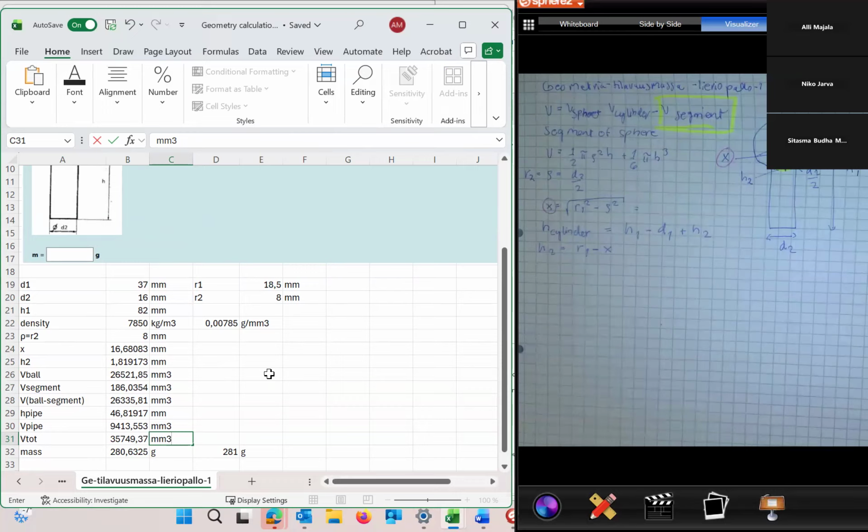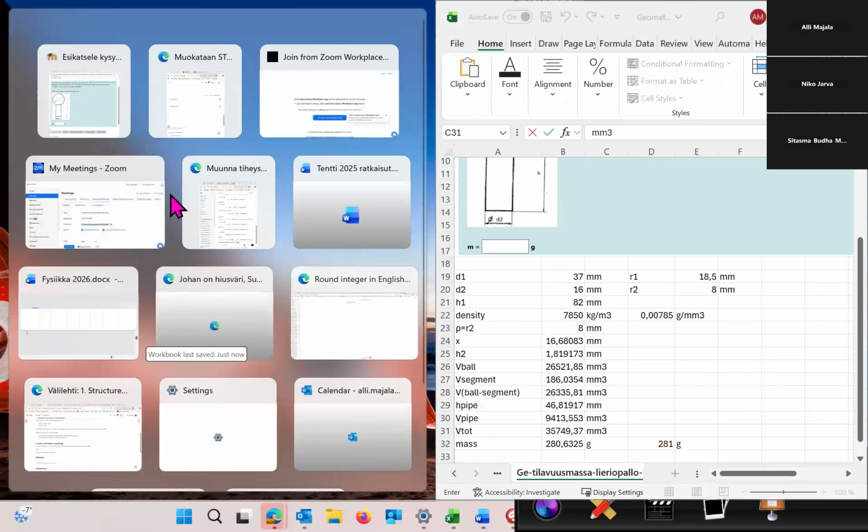Okay, so now when I have this like this in Excel, it already rounds it for me here as well. And then I can just put it there. Oops.